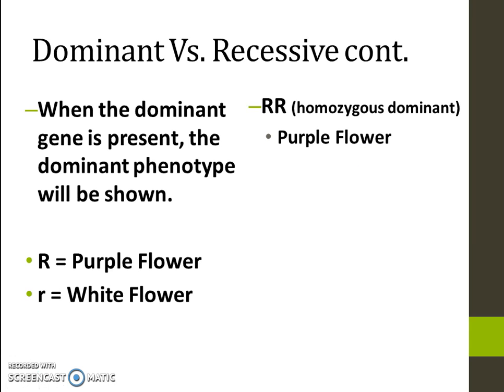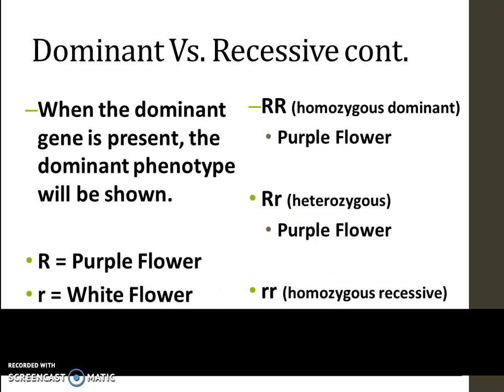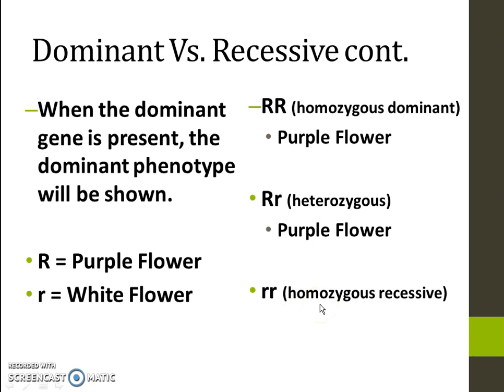This individual will have purple flowers. If they are heterozygous, which means they have one dominant and one recessive allele, they will have purple flowers. They'll show the dominant trait. And if they have both recessive alleles, we call that homozygous recessive. And these terms here, the homozygous dominant, heterozygous, homozygous recessive, those are important to understand. This individual then will have the white flowers.